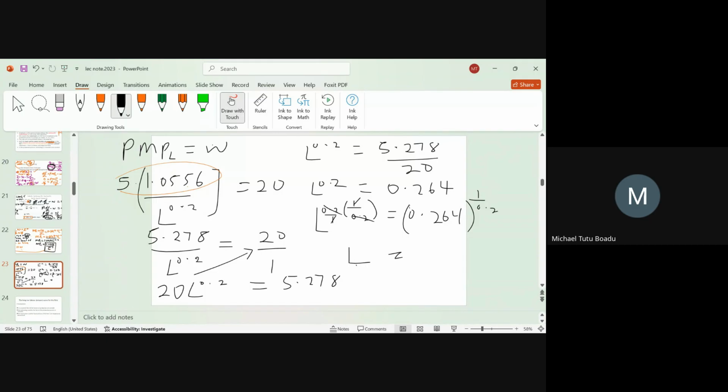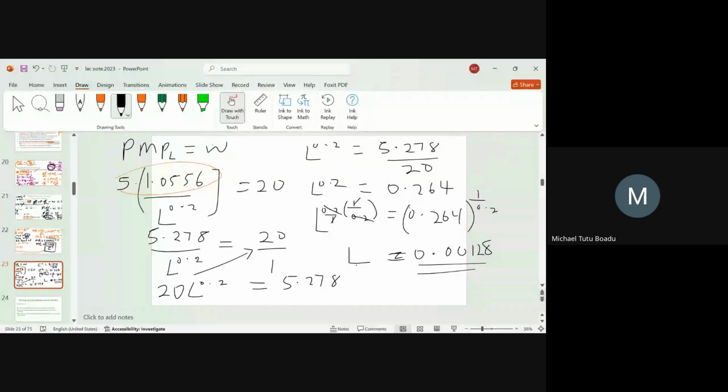Now, what is 0.264 raised to the power 1 over 0.2? So we have 0.00128. Good.